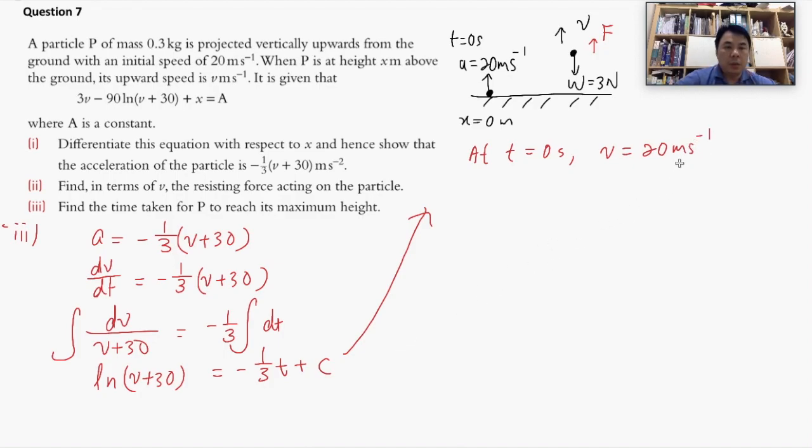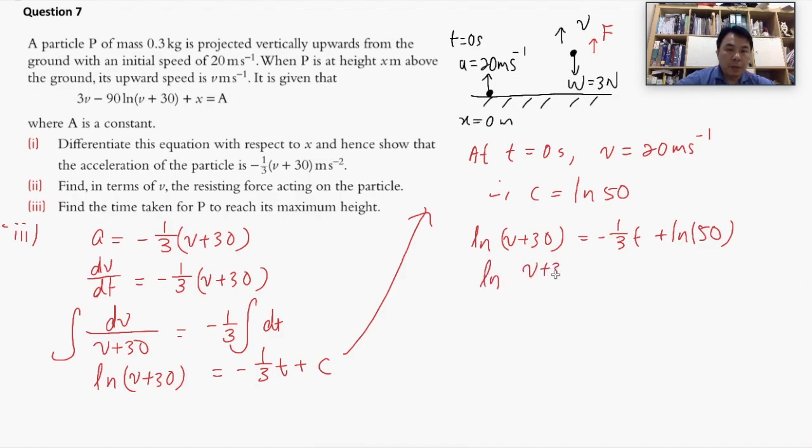Let's use these informations to work out the c. Therefore c in this case basically is equal to ln 50. Then we can rewrite this as ln(v plus 30) equal to negative 1 over 3 t plus ln 50. That will be (v plus 30) over 50 equal to e to the negative 1 over 3 t. Therefore, v is equal to 50 e to the negative 1 over 3 t minus 30 meter per second.